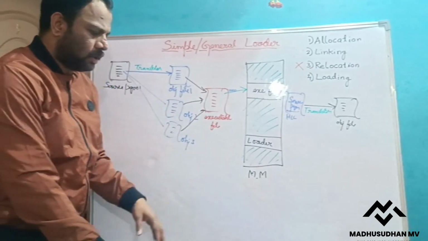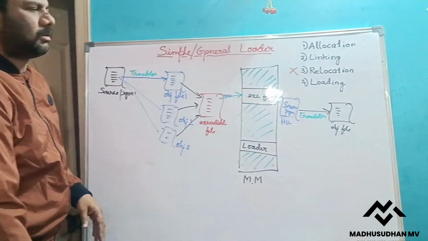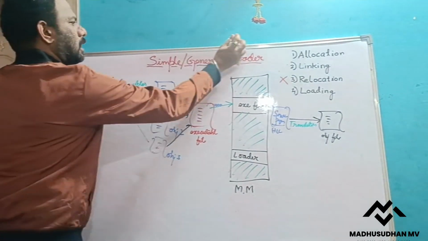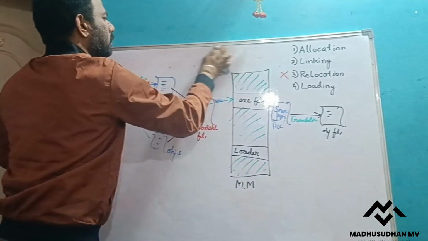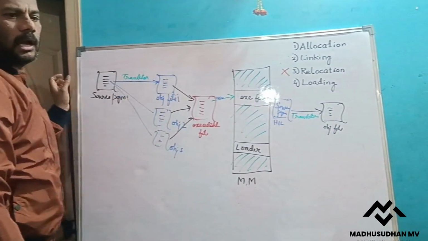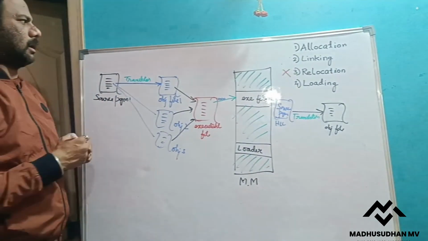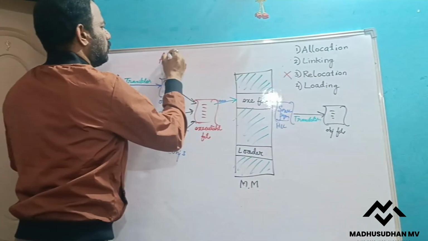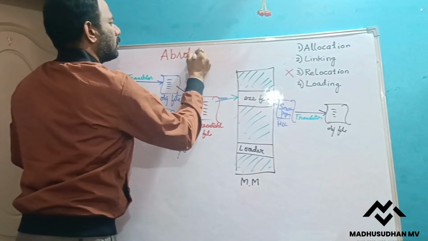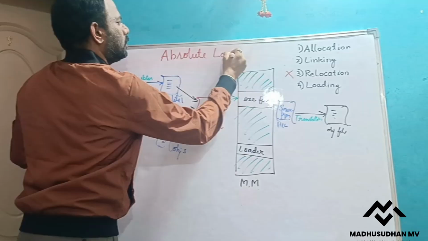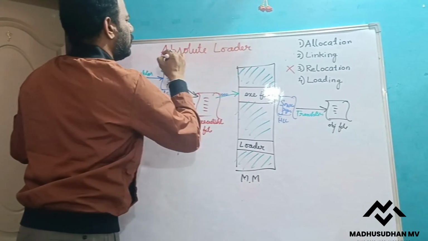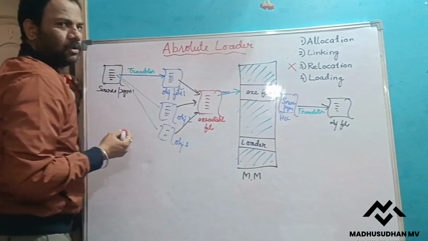To overcome this disadvantage, we go for one more type of loader called the absolute loader, which is the simplest loader. In this video we are going to discuss the absolute loader.